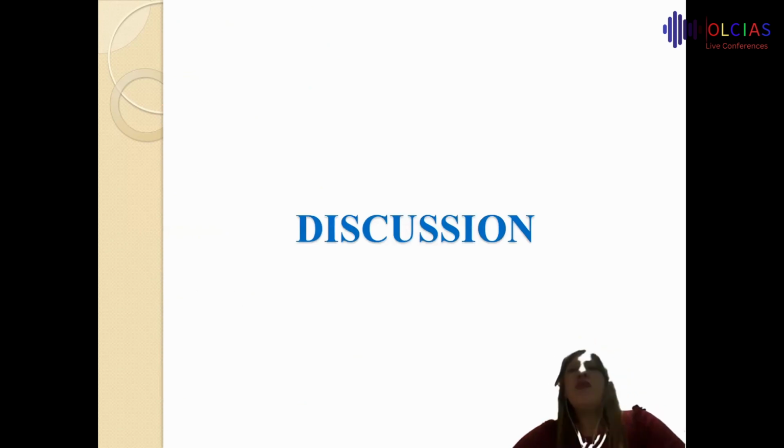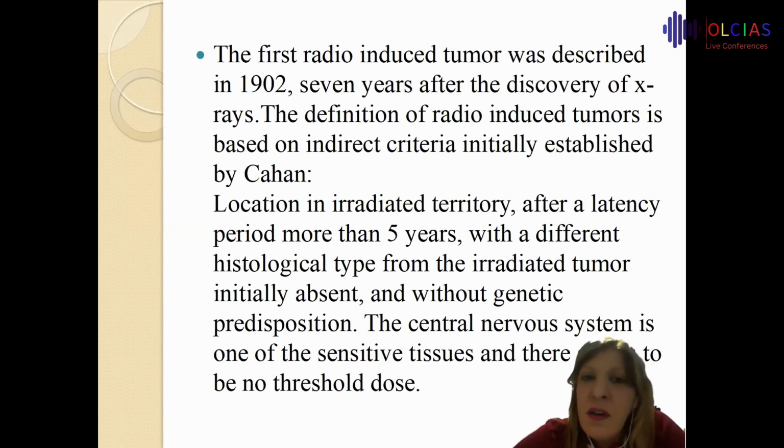We pass now to the discussion. As you know, the first radio-induced tumor was described in 1982, 7 years after the discovery of X-rays. And the definition of radio-induced tumor was based on the criteria initially established by one author named Cohen.